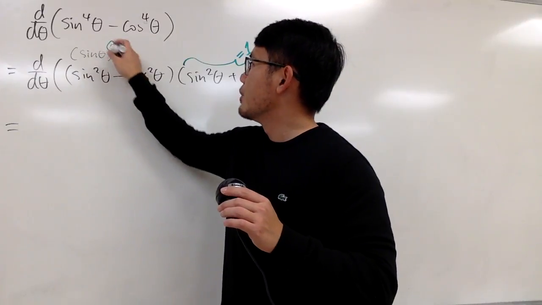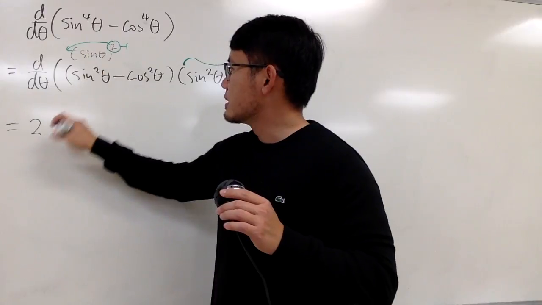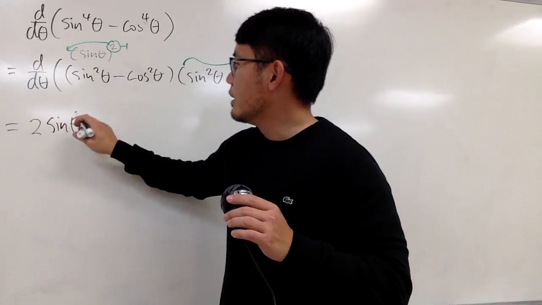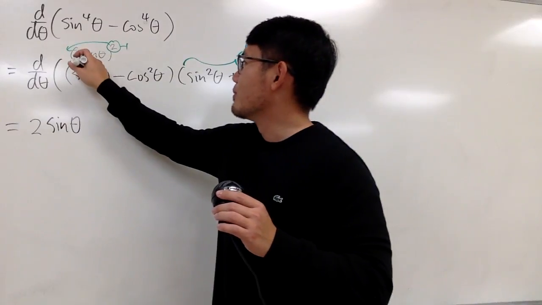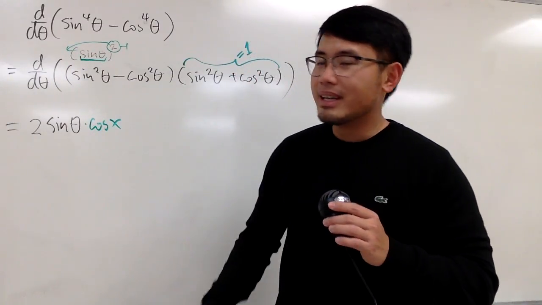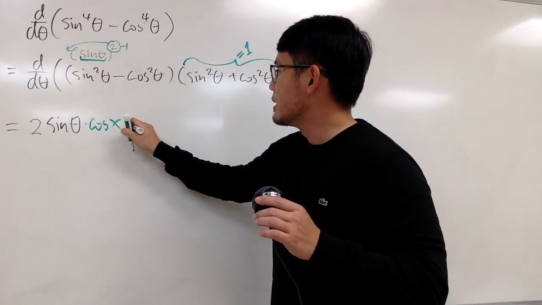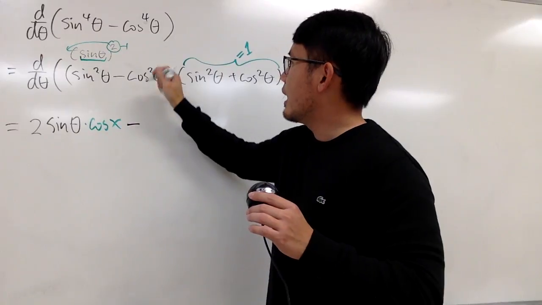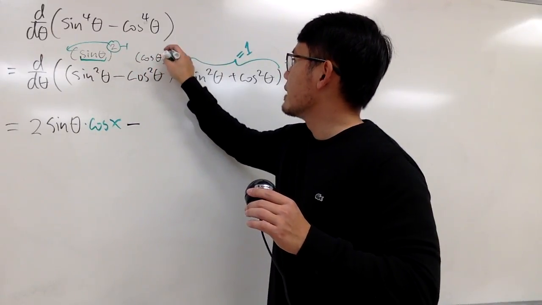So let's bring the power to the front, minus 1. So first we will have 2 sine theta to the first power. And then the chain rule says we have to multiply by the derivative inside, which is cosine theta right here. All right, continue. This right here we have a minus, so let's keep that first. And this right here, I will write this down like this again, which is cosine theta squared.